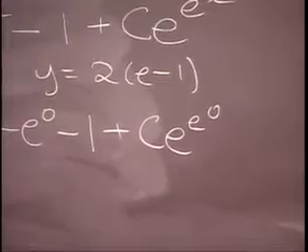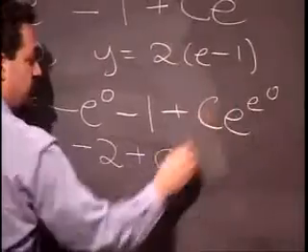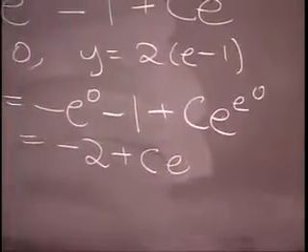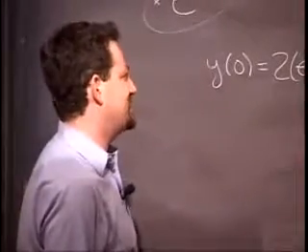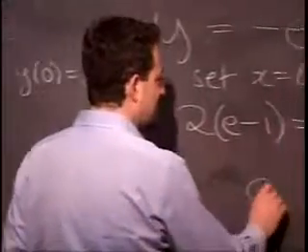Okay, so the right-hand side is negative 2 plus c, since e to the 0 is just 1. So we need 2e minus 1 is equal to negative 2 plus ce. Well, you add 2 to both sides and divide by e, and you find that c is equal to 2.